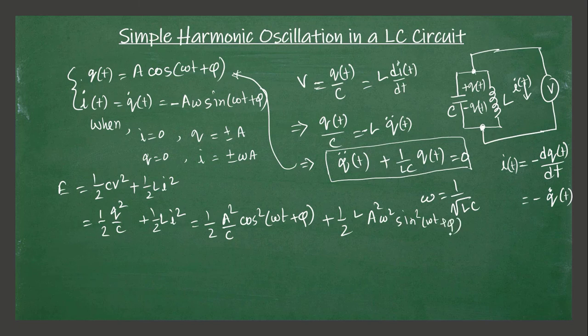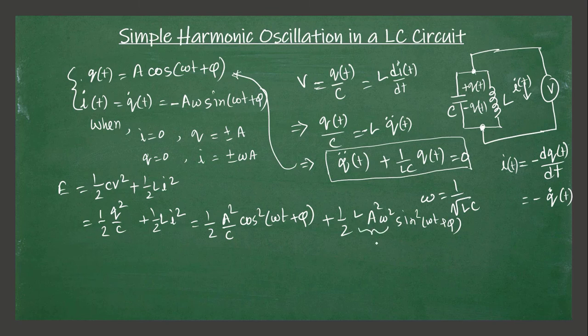Okay, now what is this omega? Well, this is the resonating frequency of the circuit, so we can write omega to be equal to 1 over square root of LC. That means omega squared is equal to 1 over LC.